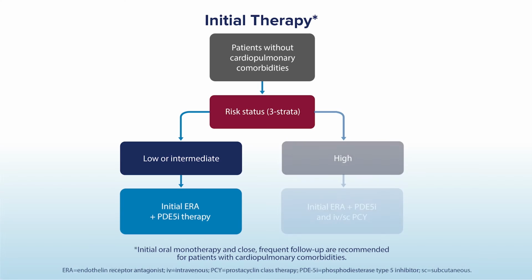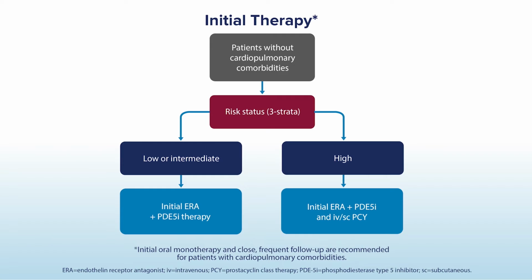That said, patients who have severe hemodynamic impairment, either by echo or invasive data from the right heart cath, despite being intermediate risk, should be considered for parenteral prostacyclin as part of their upfront combination therapy. For high-risk patients, these patients truly should be offered parenteral prostacyclin up front, either IV or sub-Q.